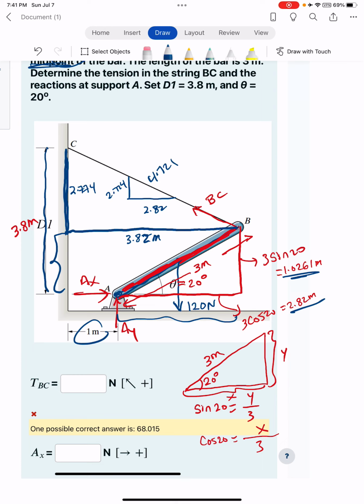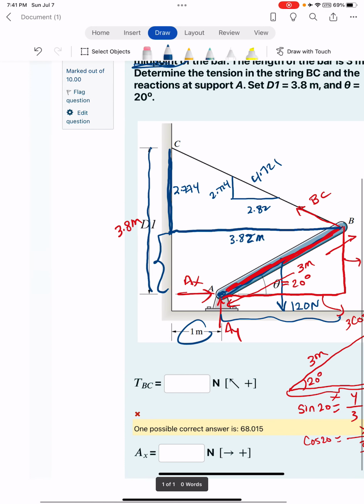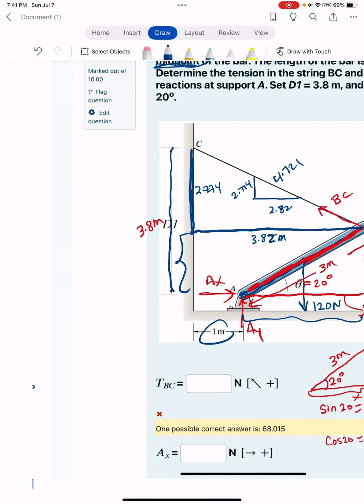Okay, that's the slope. Let's draw the free body diagram with all these angles and distances.